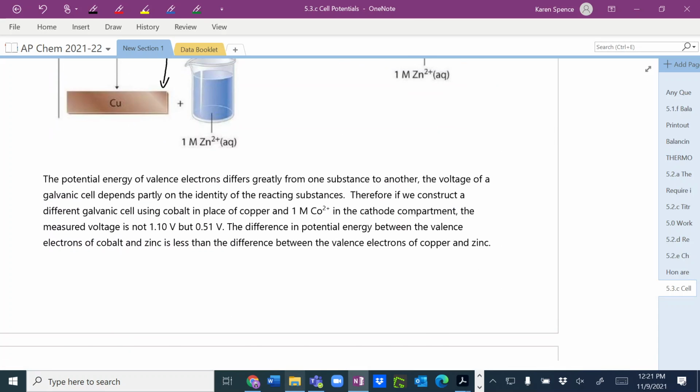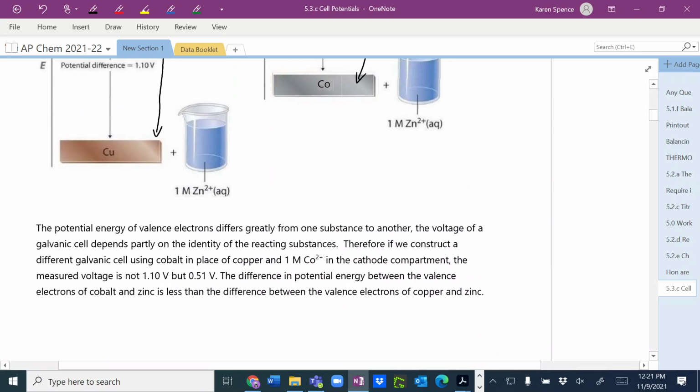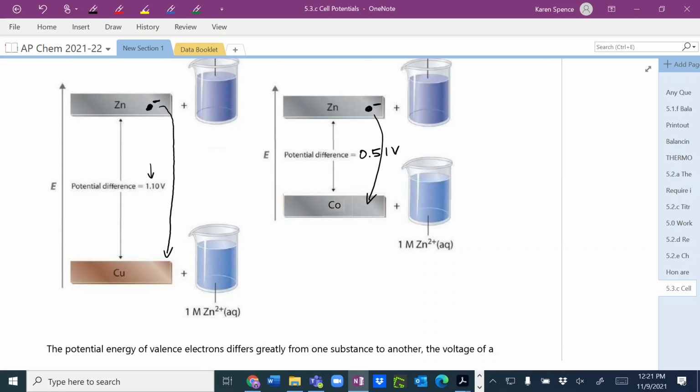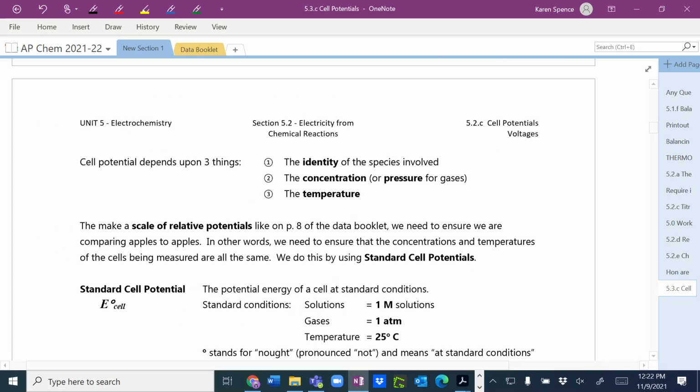So basically, the potential of the electrons depends upon three different things. We've already looked and said it depends on what species it is. Cobalt is different from copper, is different from zinc, but it also depends upon the concentration of the substance, or if it happens to be a gas, the pressure.